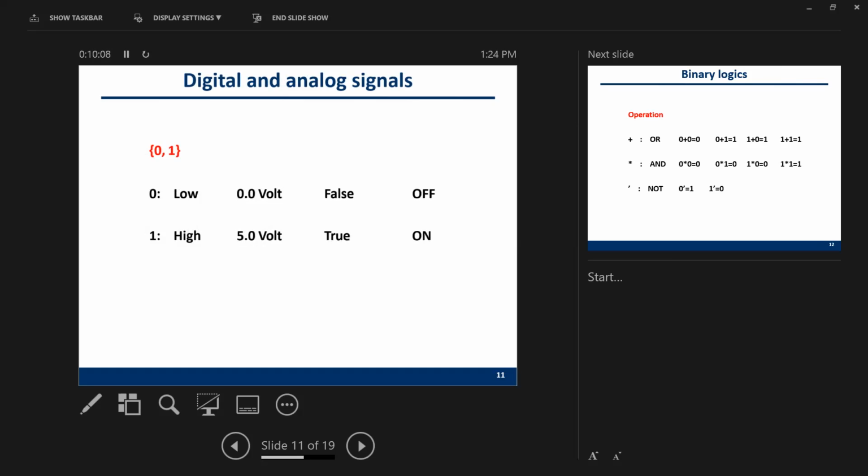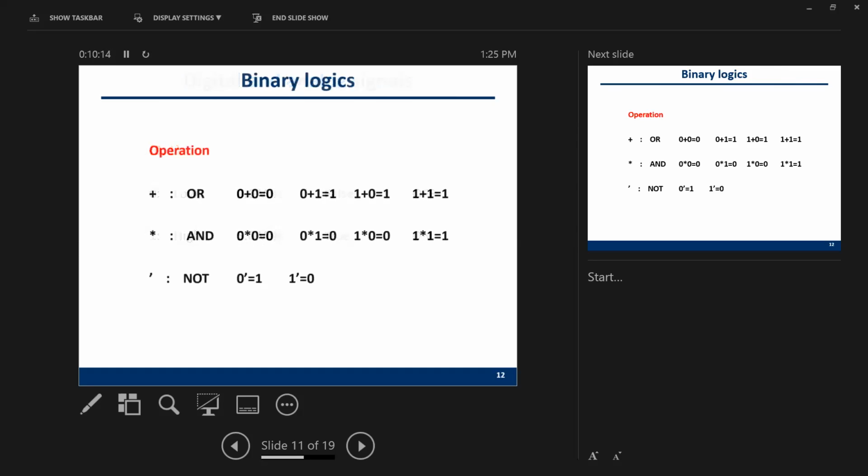When the switch is open, it's off. It represents 0. Then we will have some Boolean algebra operations on these variables, which can be 1 and 0.